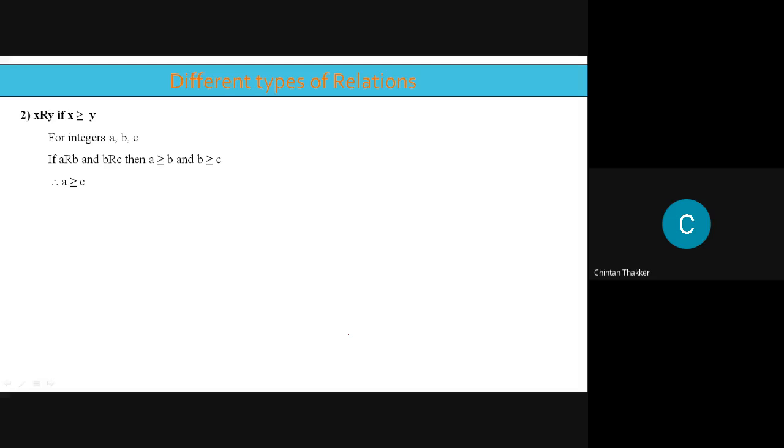Like we take 5, 3 and 1. Then 5 is greater than or equal to 3, and 3 is greater than or equal to 1. That means 5 is greater than or equal to 1.